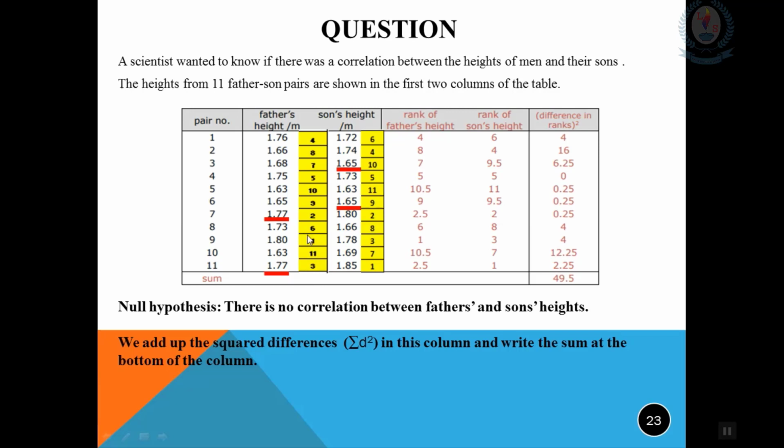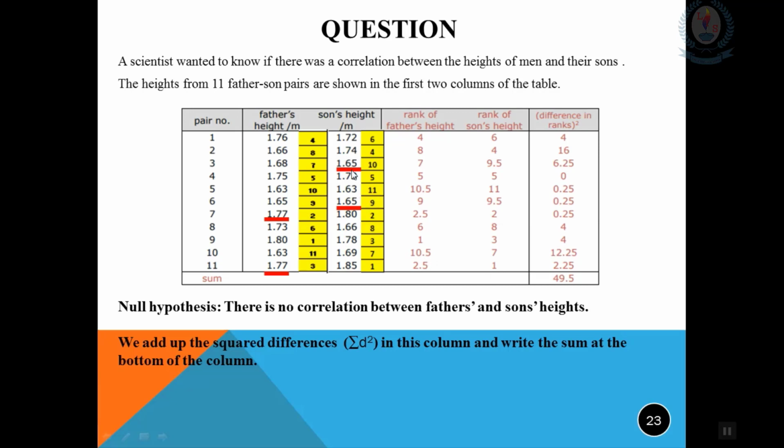What we do is we go through the ordinary ranking process, and finally we have to average the ranks out. Here, 1.77, this is the second rank and this is the third rank. So in between 2 and 3 you have 2.5. So we give these numbers 2.5 here.